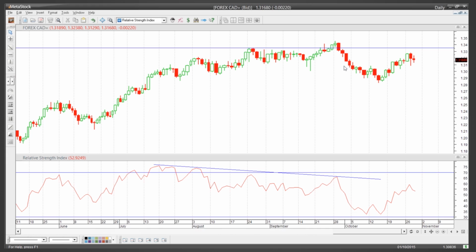These are the type of scenarios where once price ducks back under these key levels and starts to close, or we get some consecutive closes, you can look to take a chunk out of the market there, trading a continuation lower, as suggested by the RSI divergence.